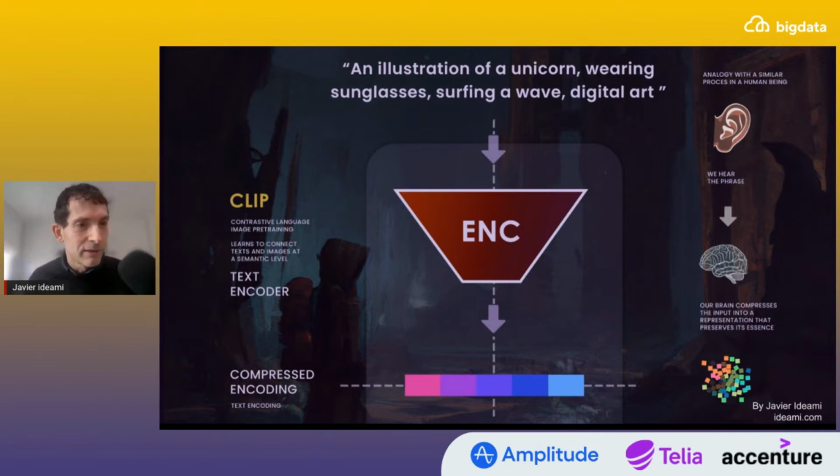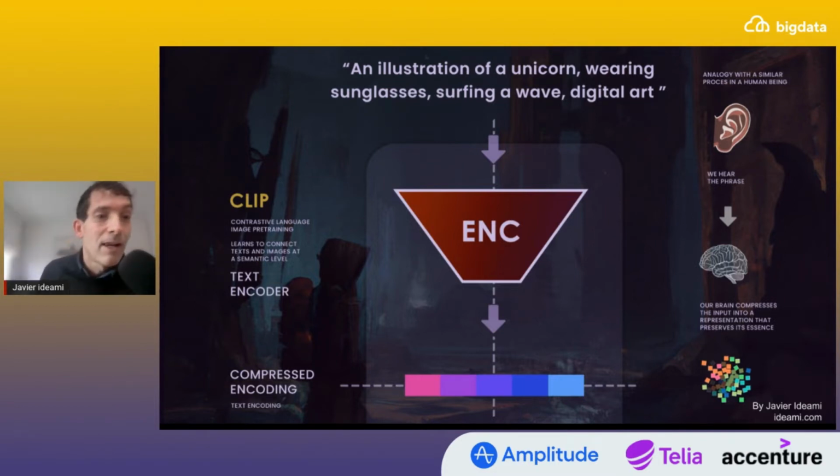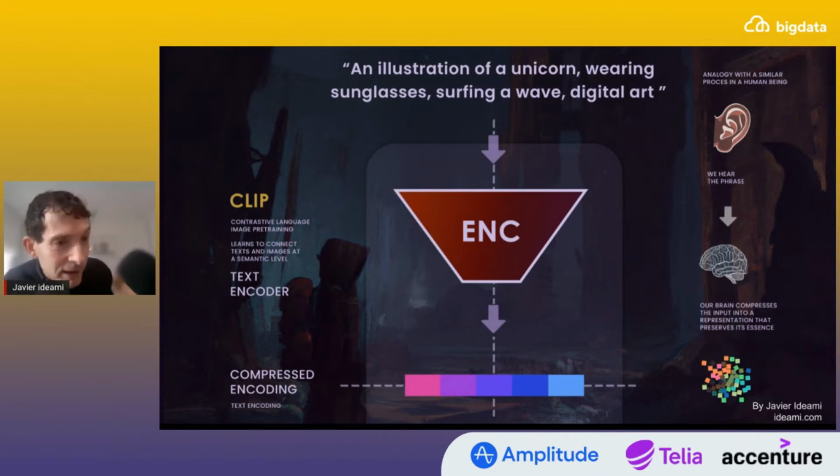In the case of DALL-E 2, the first thing is that this text is going to enter an encoder architecture. This is an AI model that is going to compress that data into a compressed latent representation that is going to preserve the essence of that text. And for that, DALL-E 2 uses the CLIP architecture. CLIP was a model created by OpenAI that has been trained with hundreds of thousands of pairs of images and texts.